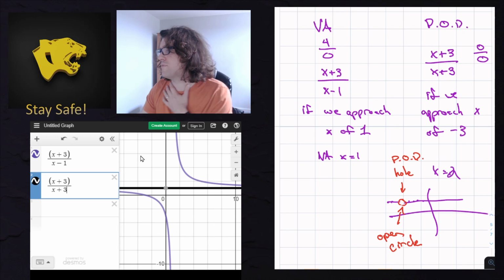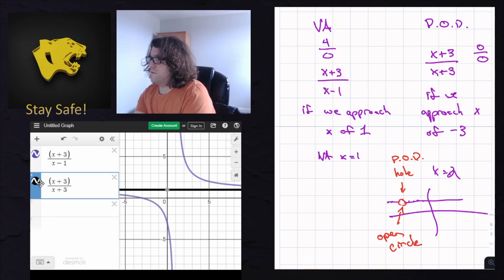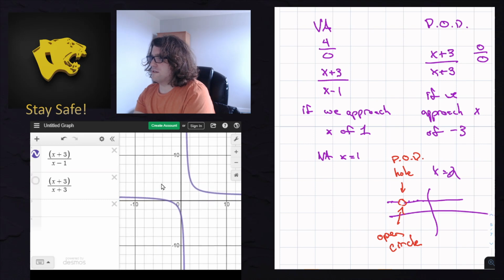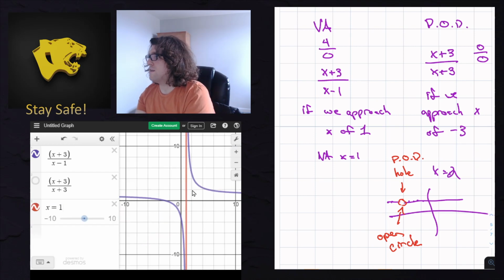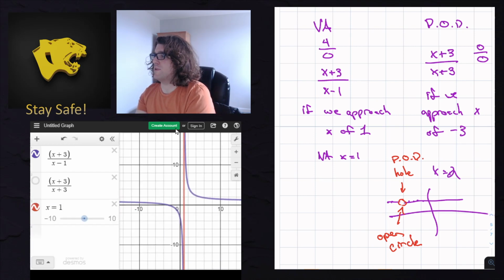All right, so this one here is kind of like your typical rational function. It's got these nice little tutus. And if we look at this vertical asymptote, we said that it happened at 1. That looks really good. So it basically splits right down.